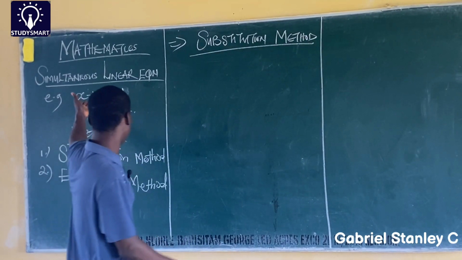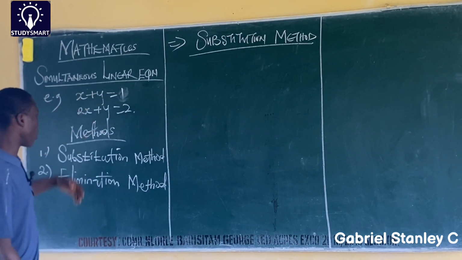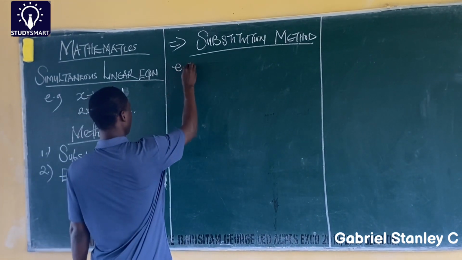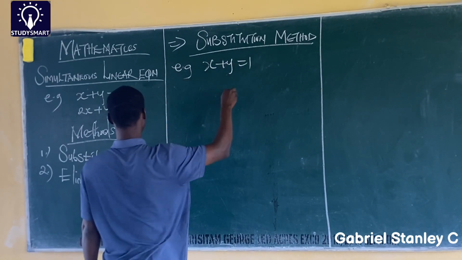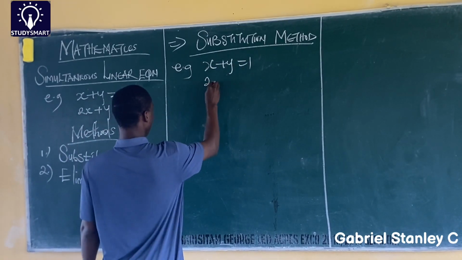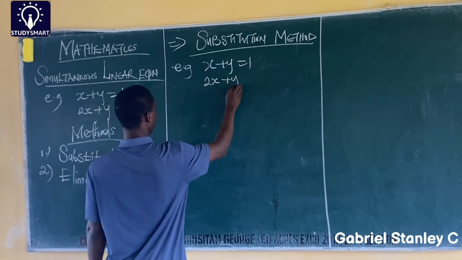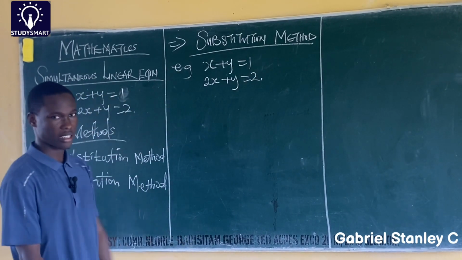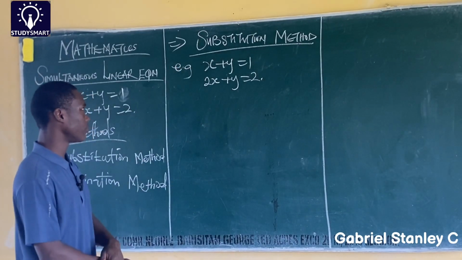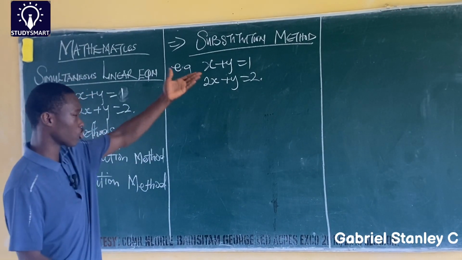Let's bring back the example I gave here. For example, if I have x plus y equals 1, and 2x plus y equals 2, I am going to use this example to illustrate the substitution method.